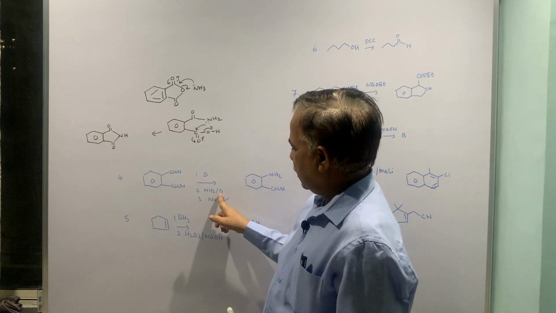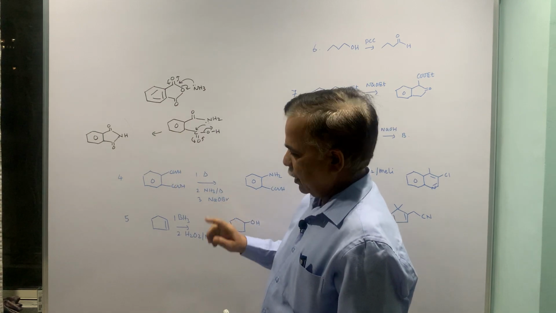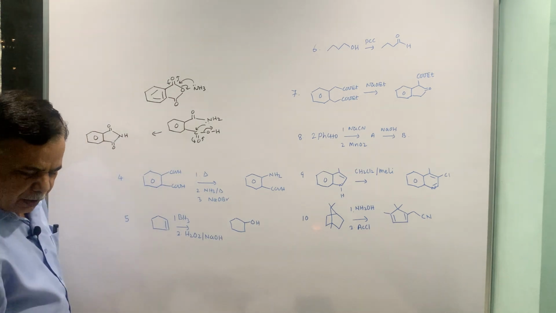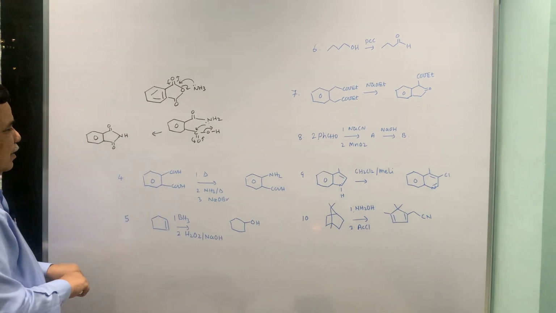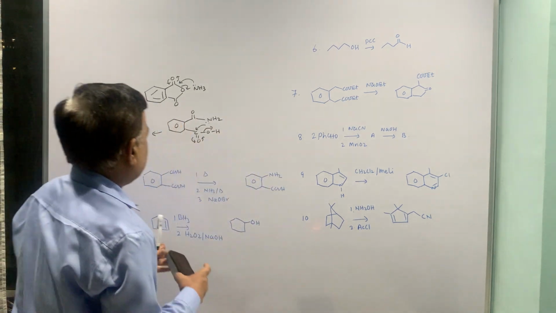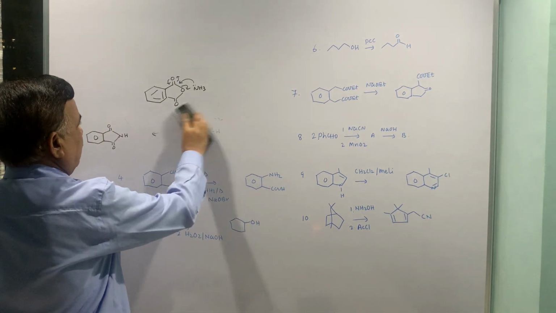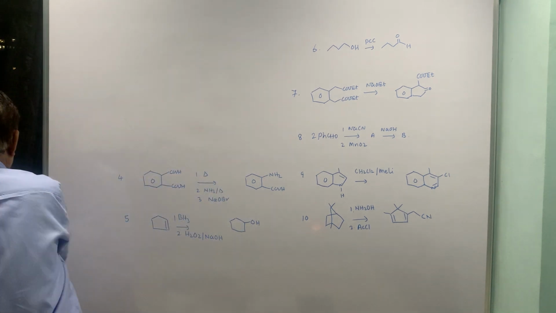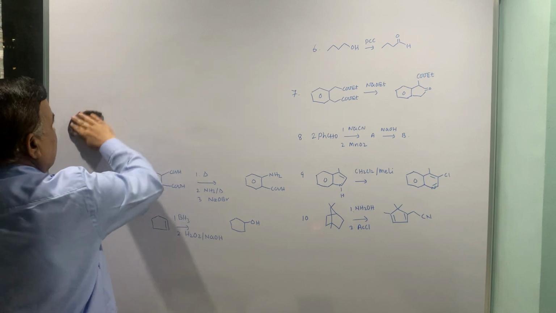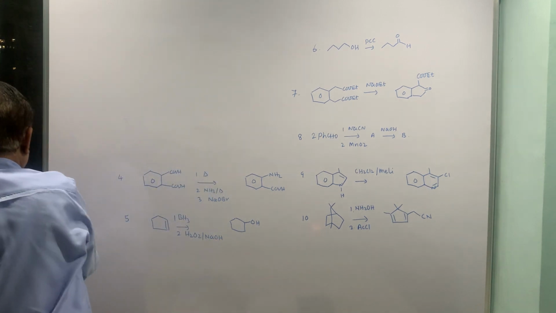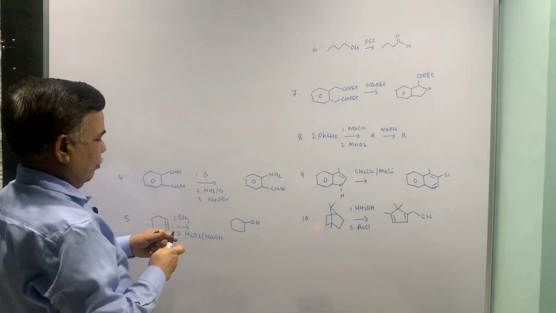get phthalimide from here, and then phthalimide to anthranilic acid, that is your Hofmann's reaction or Hofmann's degradation reaction. Initially this phthalimide opens up into a primary amide, and that primary amide interacts with NaOBr.